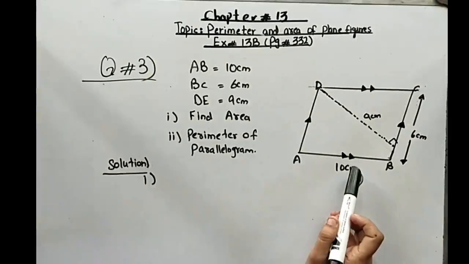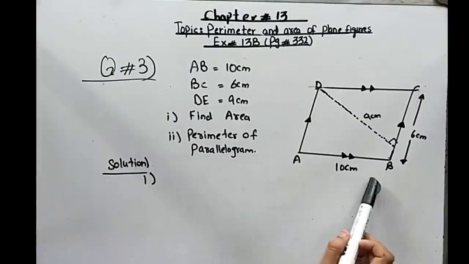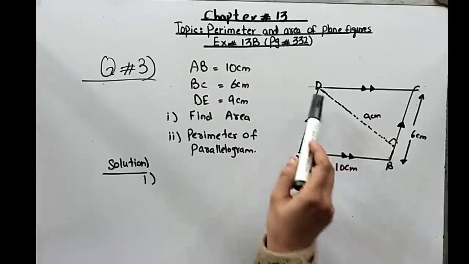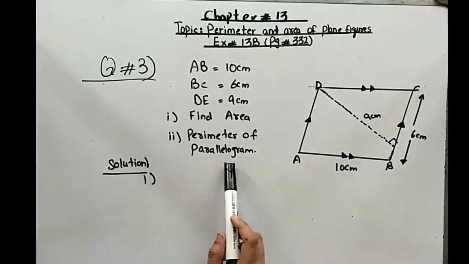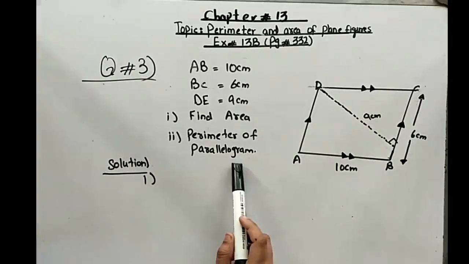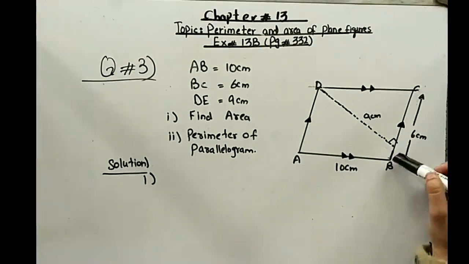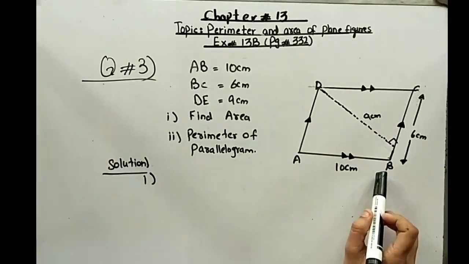This shape is given and the data is AB is equal to 10 centimeter, BC is equal to 6 centimeter and DE is equal to 9 centimeter. Then they are asking about the area and perimeter of the parallelogram. So how can we find the area and perimeter? So beta, first you can see here this parallel side is equal to 6 centimeter and this side is equal to 10 centimeter.